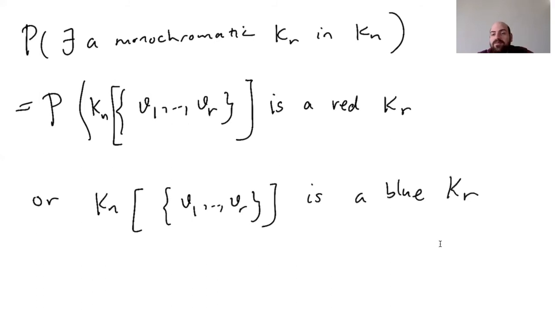Right, remember this is a notation for induced subgraph. So if I consider r vertices, I want to have a red Kr or a blue Kr.